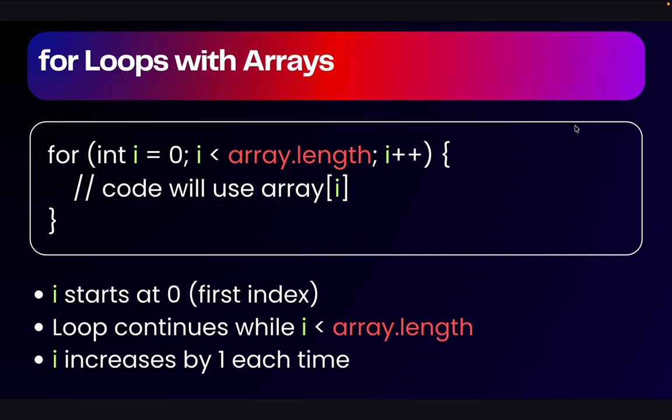Your loop will continue as long as your index, or the loop iterator i, is less than the array length. Basically it's the same use case as a normal for loop, except your loop runs based on the length of your array.